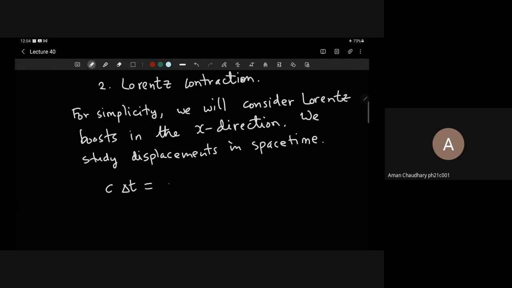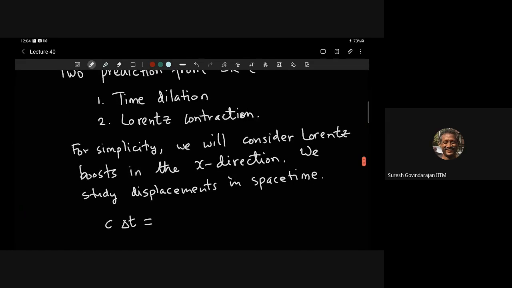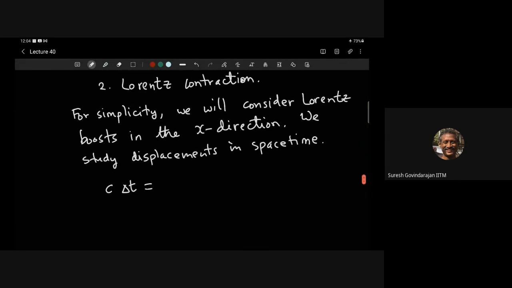Sir, is it really Lorentz contraction and not length contraction? I mean the name. I think it's called Lorentz contraction. I don't know, that's what I usually call it. Oh, okay, sir, it's a contraction of length. You're right. Yeah, what you're saying is correct, but I'm not very good with names, so I could be wrong.